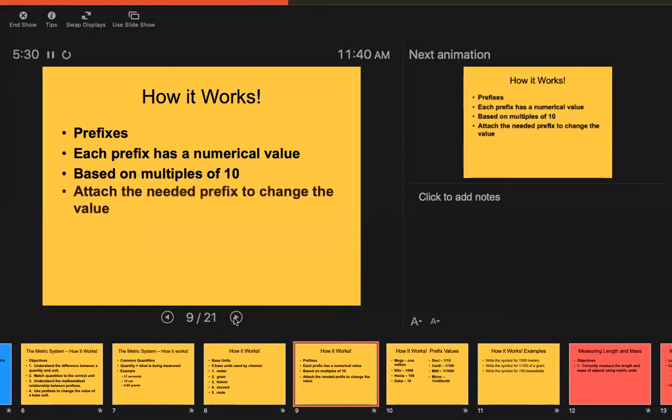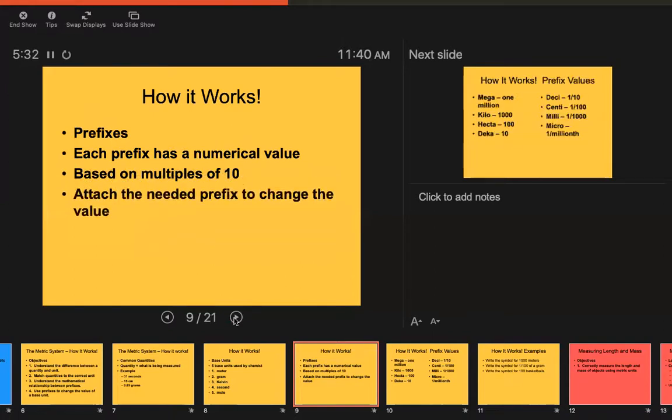In order to change the value of the base unit to make it more reasonable for us to use, we'll add a prefix to it.